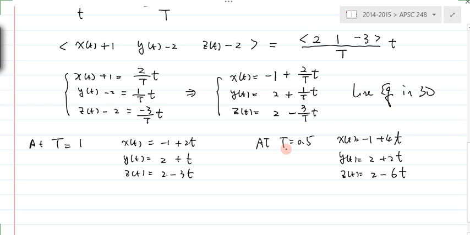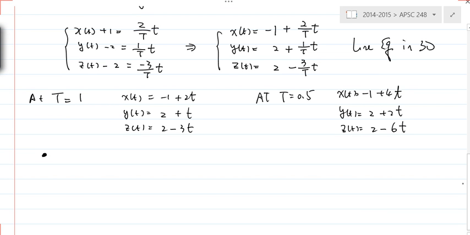So if you try any other different T, you get a different equation, or we'll call it a different parametric equation, but the same line. So the point here is, the line equation is not unique. As a matter of fact, you can have an infinite number of solutions for the same line. That's the point. So the line equation is not unique.